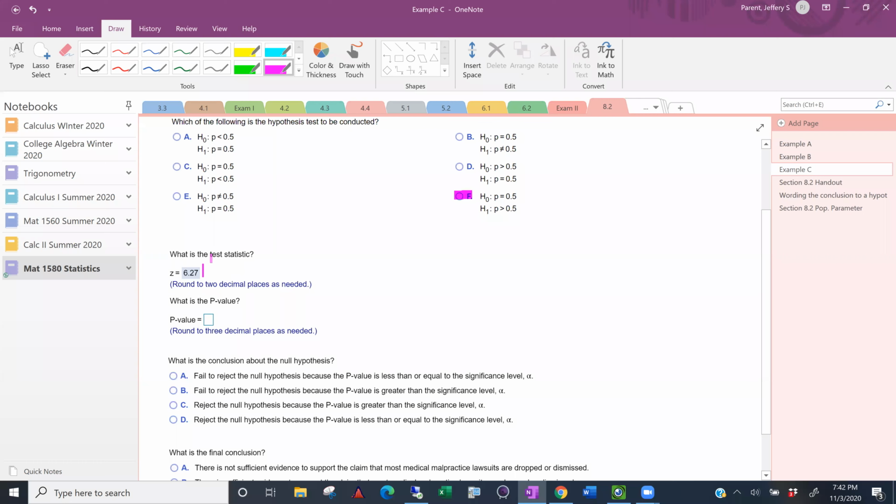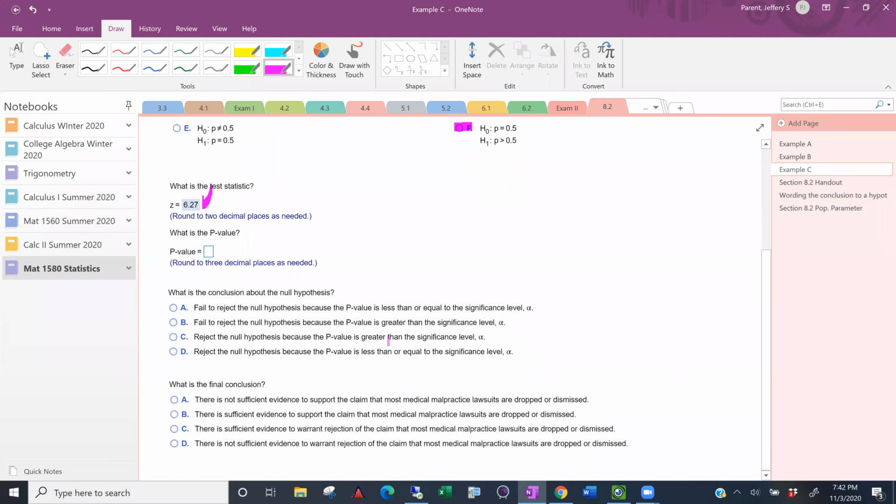We've got the correct Z value here. The P value would be just a flat 0. And then the conclusion is that we would reject the null hypothesis because the P value is less than or equal to the significance level. So that'd be D here. And then you can state your conclusion in words. All right, and we did that.